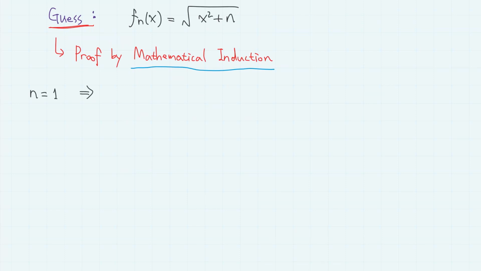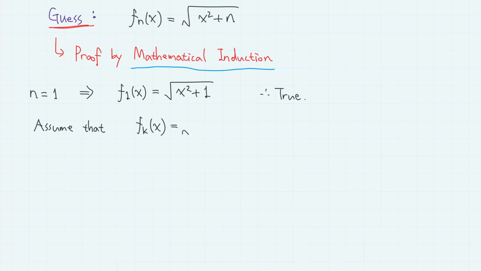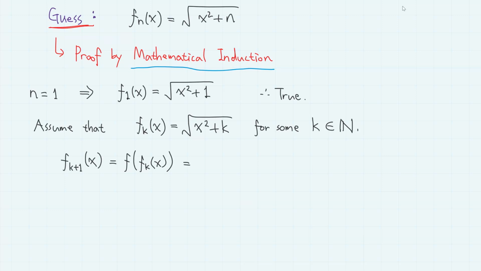For the base case, substituting n equals 1 into our guess gives f_1(x) equals square root of x squared plus 1, which is indeed true. Next, assume that f_k(x) is given as square root of x squared plus k for some natural number k. Then f_{k+1}(x) is given as f of f_k(x), so square root of f_k(x) squared plus 1.